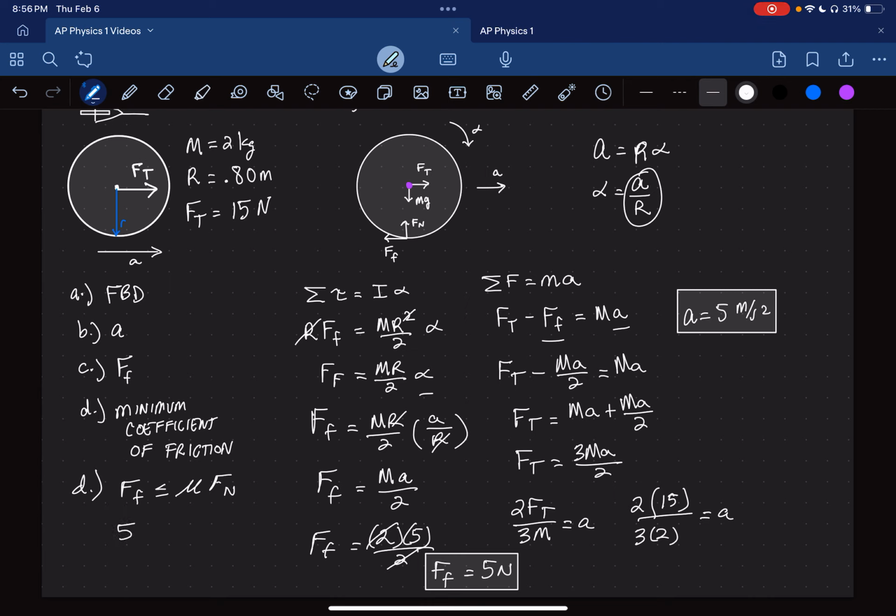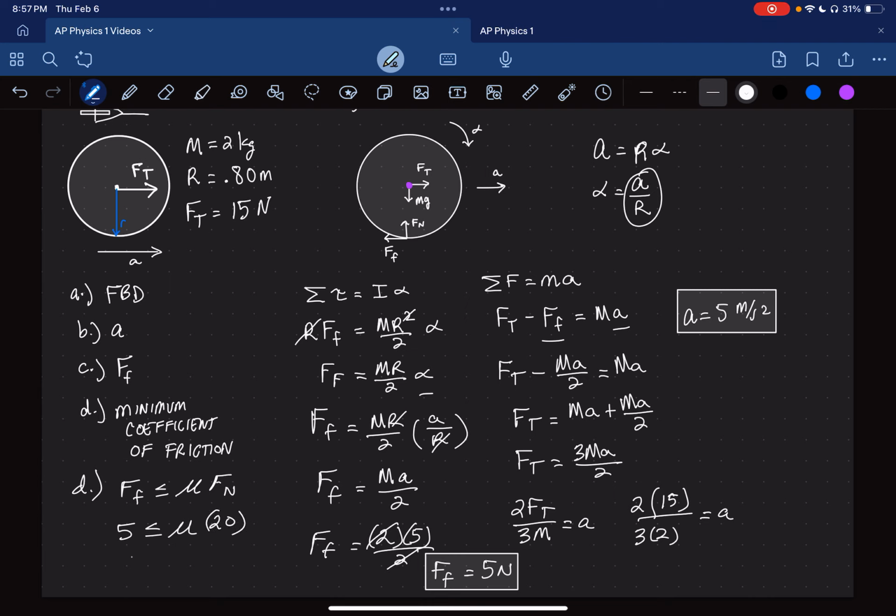So the friction force is 5, less than or equal to mu times F_n. Okay, F_n is mg. And so what's m? That's 2. That's 20.